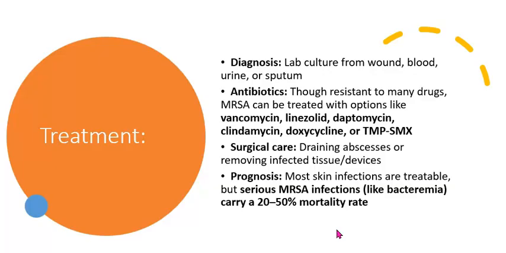You can still use Vanc, clindamycin, doxycycline, those are big ones, or the sulfa drugs as well are biggies to treat staph infections. They may have to have an I&D done as far as surgical care. Most skin infections are treatable, but serious staph infections like bacteremia, if it gets in your blood, carry a 20 to 50% mortality rate.